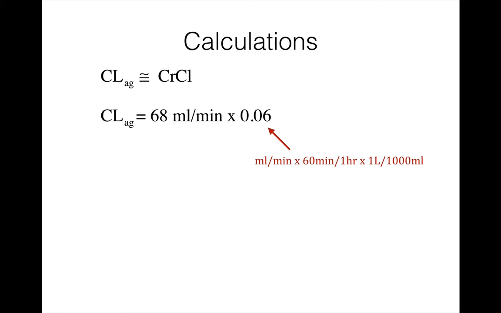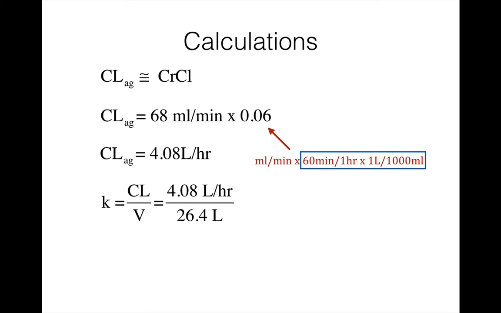So we're going to multiply 68 milliliters per minute times 0.06. What that does is convert milliliters per minute to liters per hour. You can see that this portion, 60 minutes over 1 hour times 1 liter over 1,000 milliliters, would translate to 0.06. When we do that, we find the clearance is equal to 4.08 liters per hour.